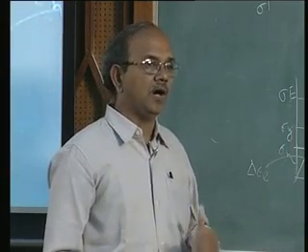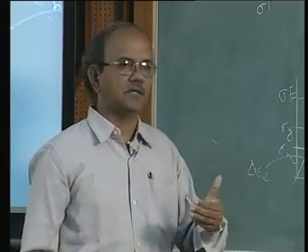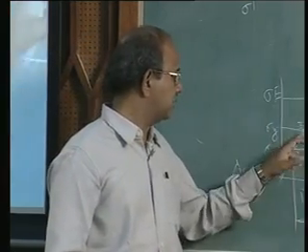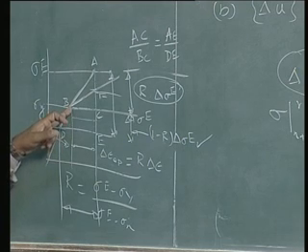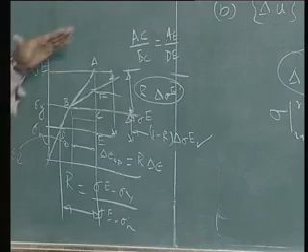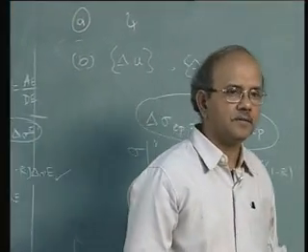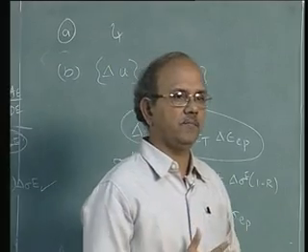I have to rely on an explicit calculation, which means I have to look at the slope at P and so on. So this comes under the category of what is called an explicit technique.